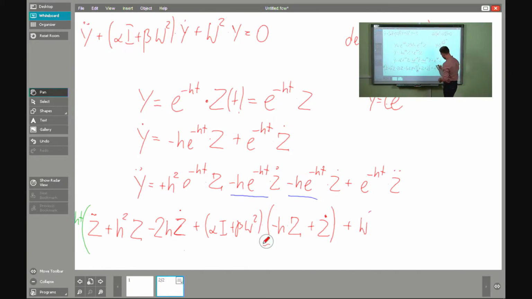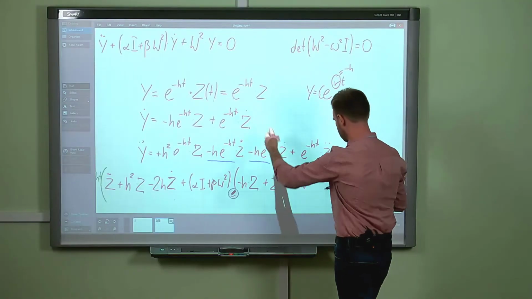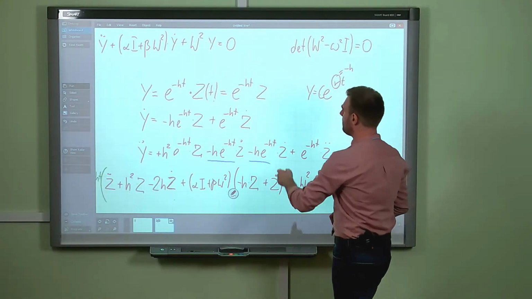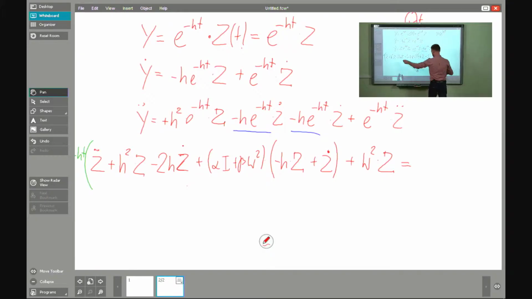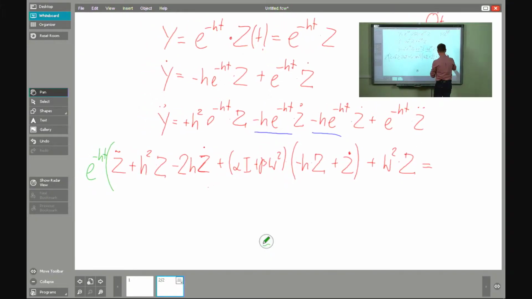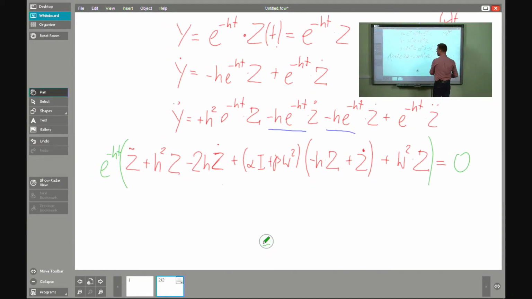I mean, it will be w times z, because we have to put only the y, and it's a product of the damping component, decreasing component times z, which is here, and we have to close the parentheses, and everything will be equal to 0.